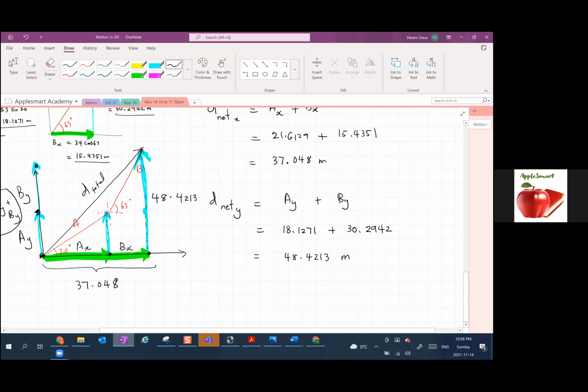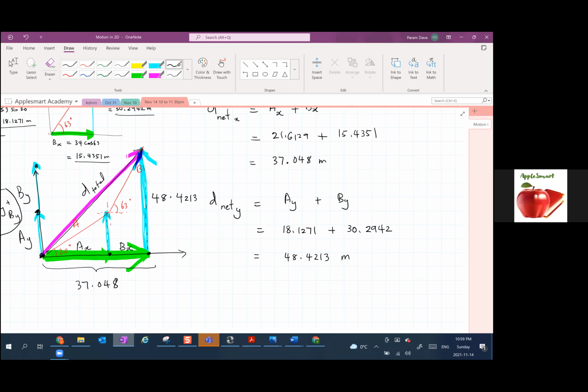And so for that, these two, the net X and the net Y vectors, need to be head to tail. And so that's why I have this green part. From that arrow, I draw the blue part. That's the D net Y. And then obviously for the D total, you would go from the tail of the first one to the head of the second one. So the pink one is your D total, right?